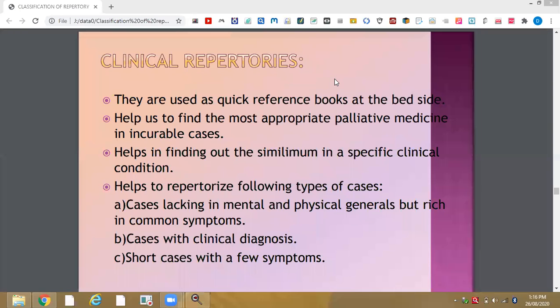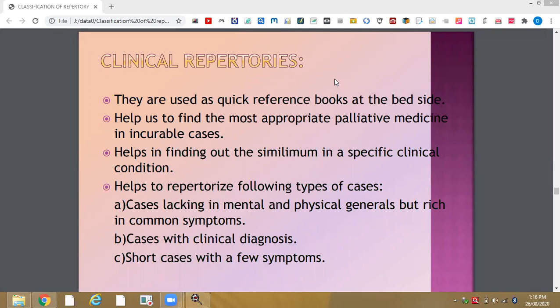When the case is incurable, when the pathology of the patient is too advanced and we have lost hope of cure, then to palliate the symptoms and give temporary relief to the patient, we prescribe a palliative medicine.